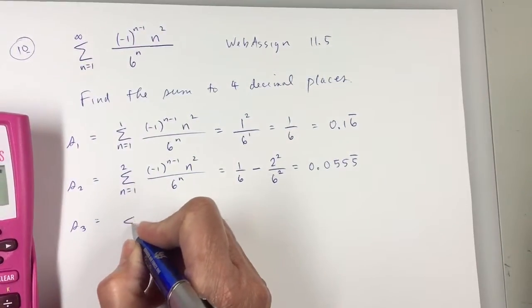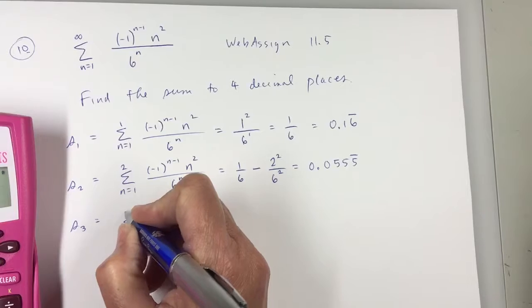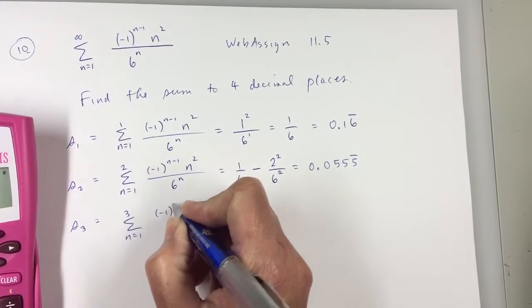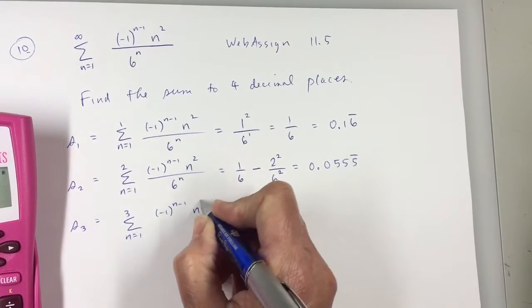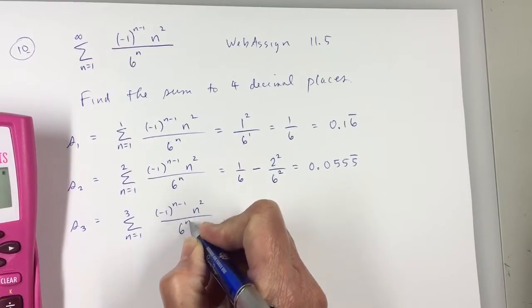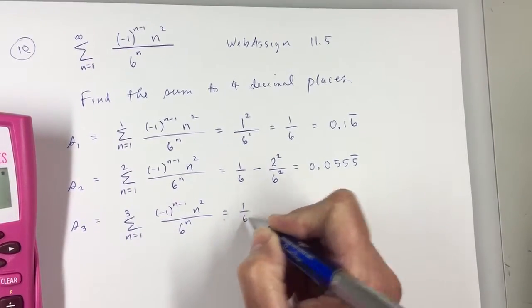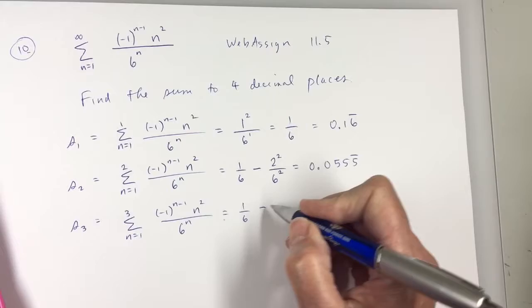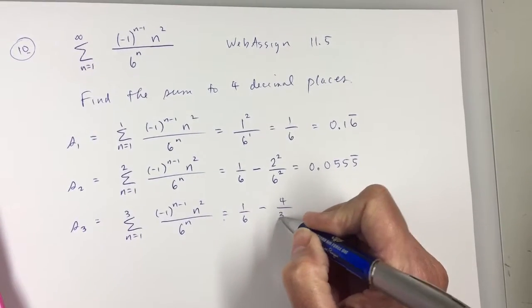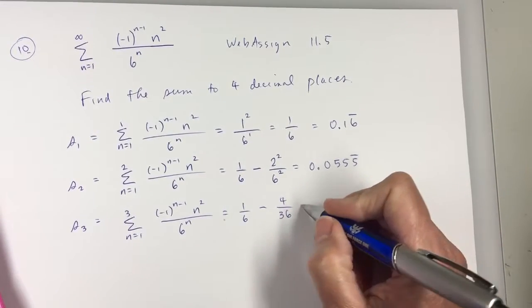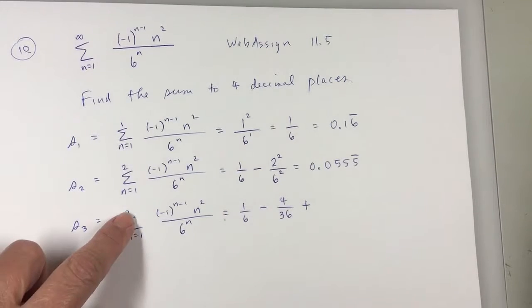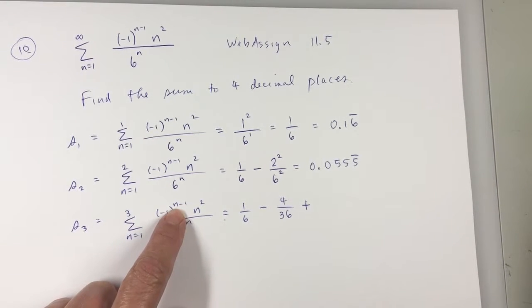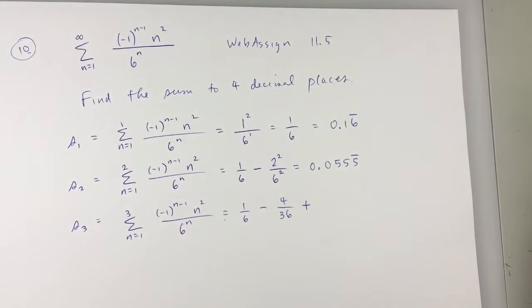So S sub 3, the sum as n goes from 1 to 3, negative 1 to the n minus 1 times n squared over 6 to the n. Well, that's going to be 1 over 6 minus 4 over 36. The next term will be positive when n is 3. 3 minus 1, that's 2. Negative 1 squared is positive.